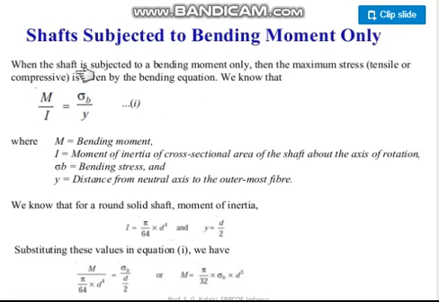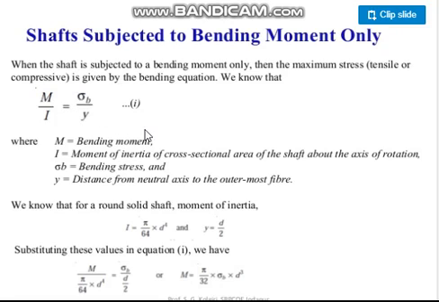When it is subjected to pure torsion, we use the maximum shear stress theory of failure. Here we have to use the maximum principal stress theory.